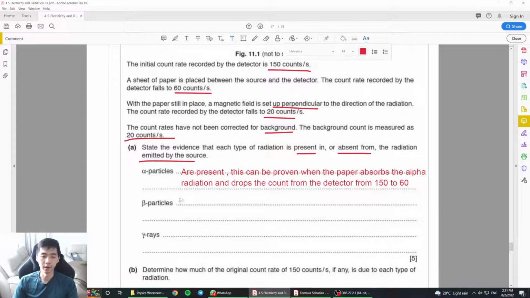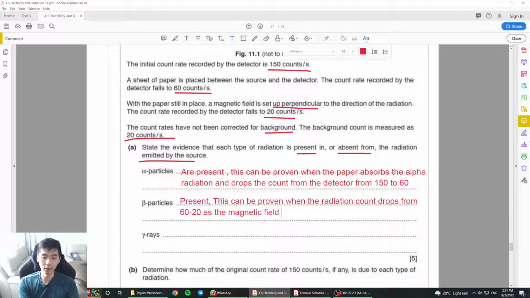Right. Then after that, beta particles are definitely present as well. Why? This can be proven when the radiation count drops from 60 to 20 as the magnetic field deviates the beta particles, right?